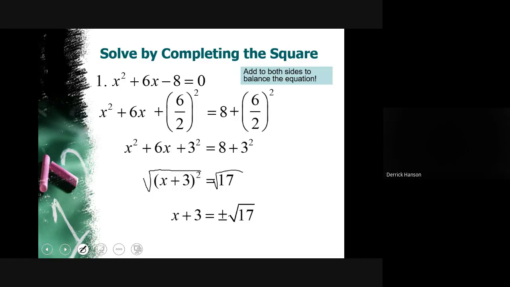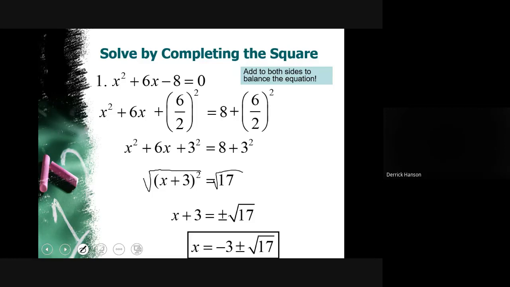Final step, then how do I get x by itself? Subtract 3 over. Now I can't actually combine those, because one's a square root and one's outside of a square root. So I will just have to write it as -3 plus or minus the square root of 17. That is better than writing plus or minus the square root of 17 minus 3.